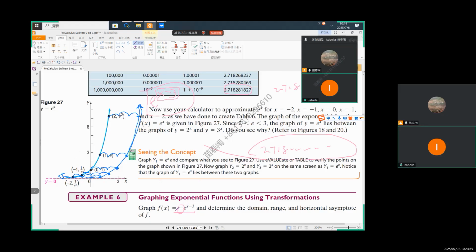Yeah, x minus 3, and then it's negative. Okay, let me think about this. Do you just flip it over the x-axis, right? I'm trying to remember the transformation rules.